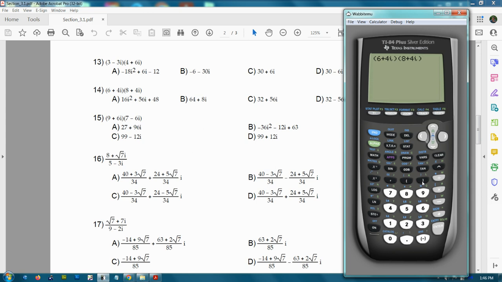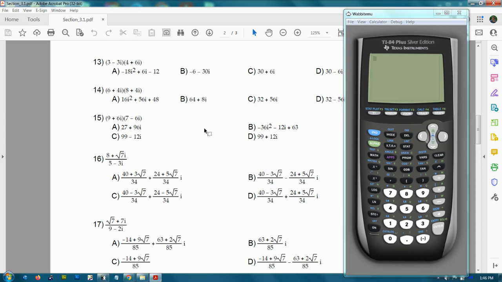Close your parenthesis, take a peek at it, all looks good. 32 plus 56i, I like it. This is number 14, letter C. They do like their letter C's, don't they? Whoever they is.